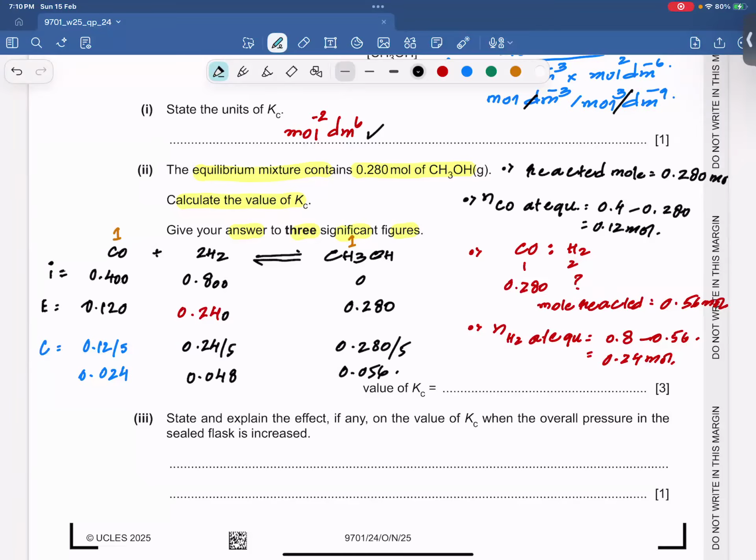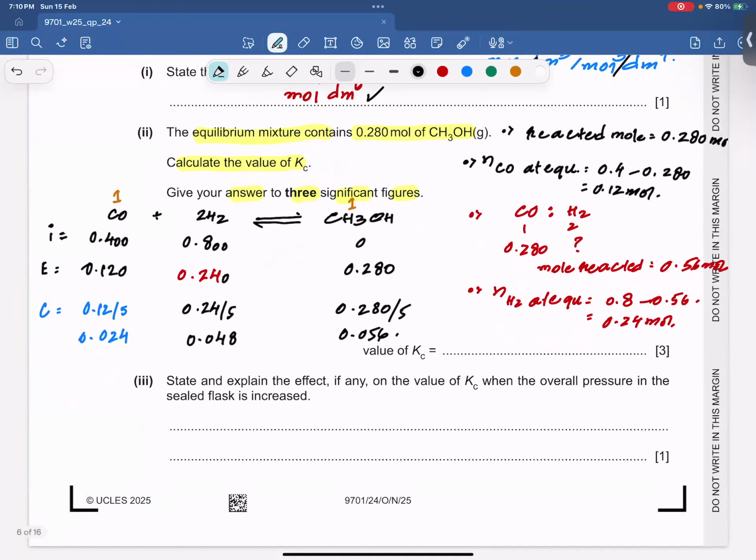I'm running out of space here, so let me write it down here. Kc equals concentration of methanol, which is 0.056, divided by concentration of carbon monoxide, which is 0.024, and the concentration of hydrogen, which is 0.048, squared. So the value of Kc is going to be 1.01 times 10 to the power 3.